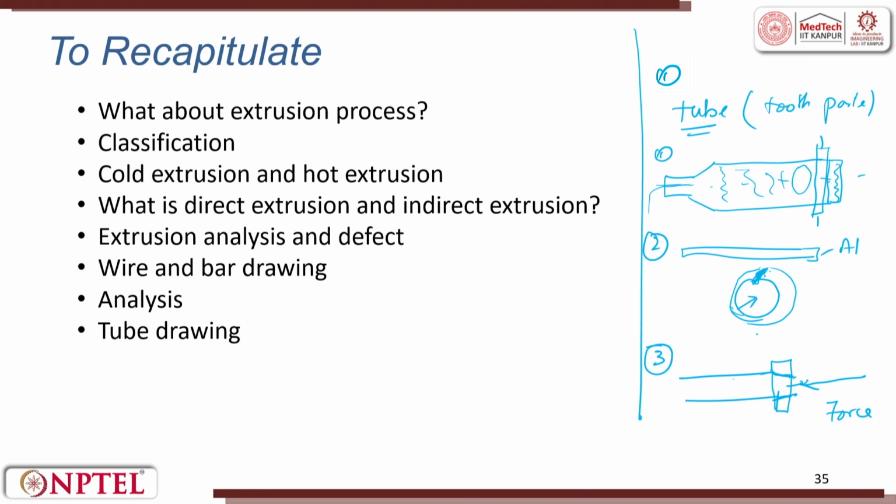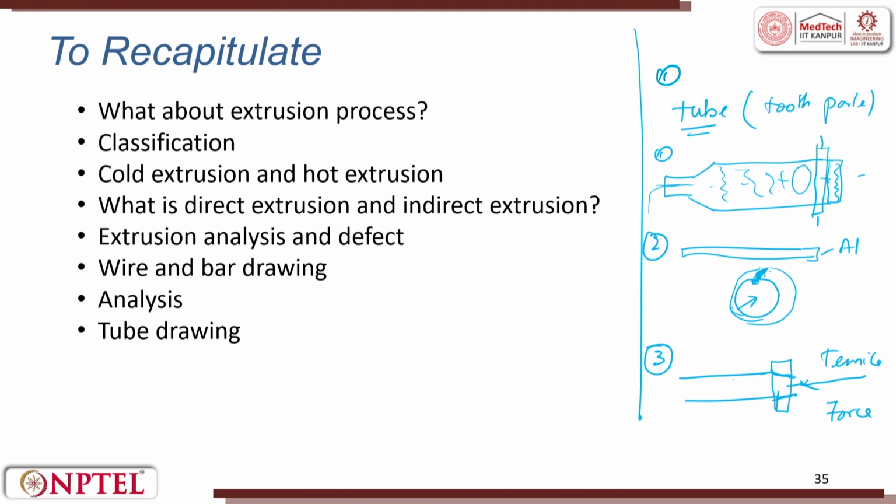These are some of the experiments you can do at home, and they will tell you the importance of extrusion, the importance of the dead zone forming in a material, seamless tube pipes, and the tensile force which is required for drawing a wire. So, when you do this, you will appreciate and enjoy this lecture.